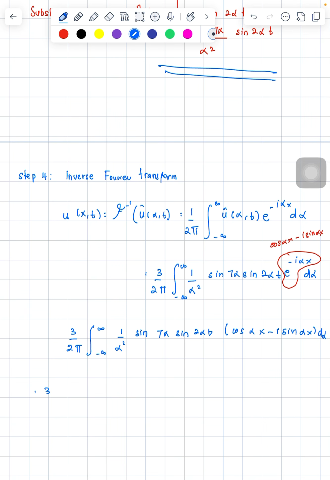So we will get 3 over 2 pi, the integral from negative infinity to infinity of 1 over alpha square sine 7 alpha sine 2 alpha t cos alpha x d alpha, minus i, the integral from negative infinity to infinity of 1 over alpha square sine 7 alpha sine 2 alpha t sine alpha x d alpha.